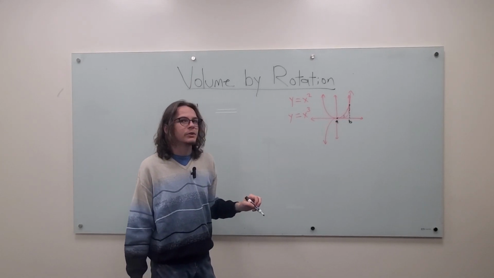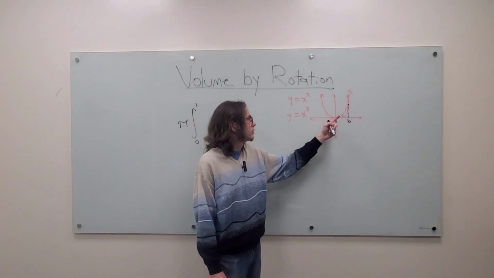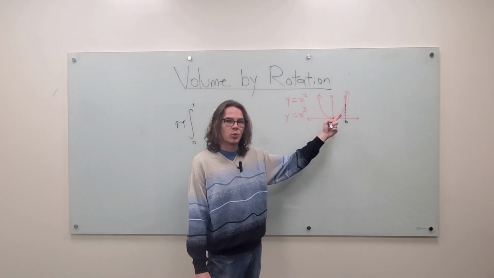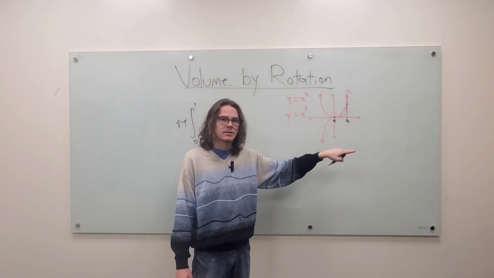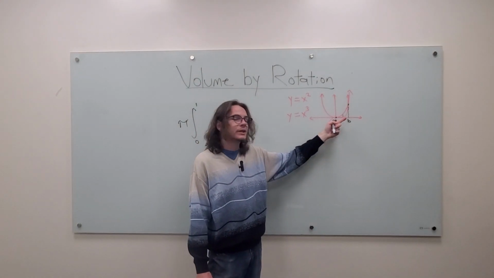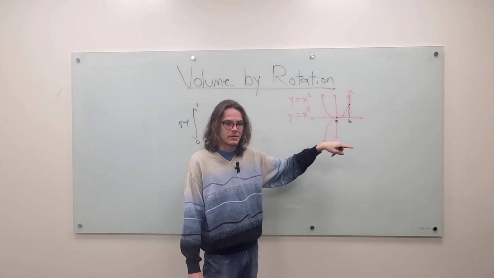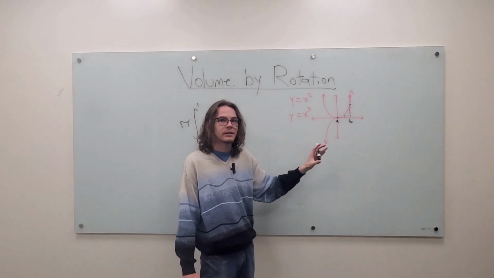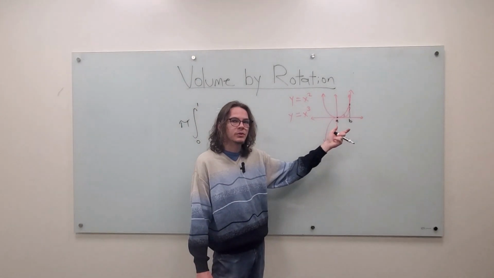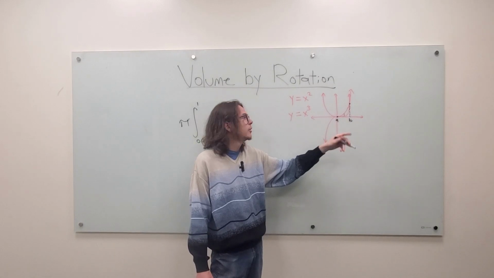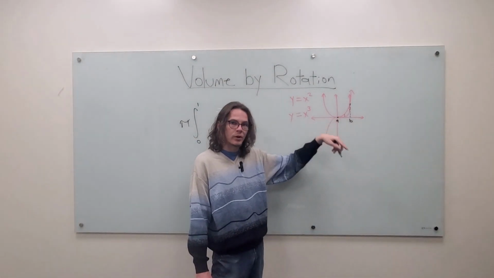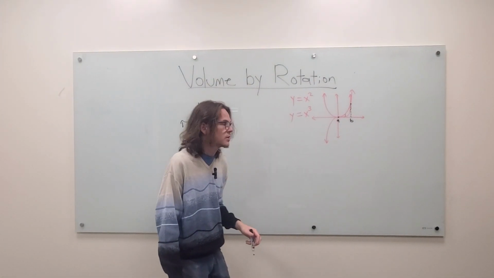But what we're really doing is first rotating y equals x squared about the x-axis, and then y equals x cubed about the x-axis. And then we are subtracting the volume of y equals x cubed from the volume of y equals x squared revolved, if that makes sense.